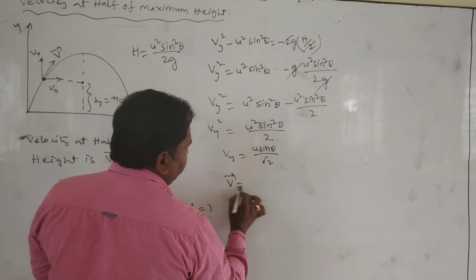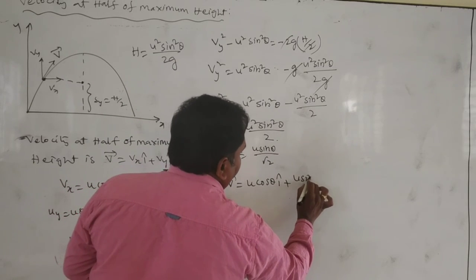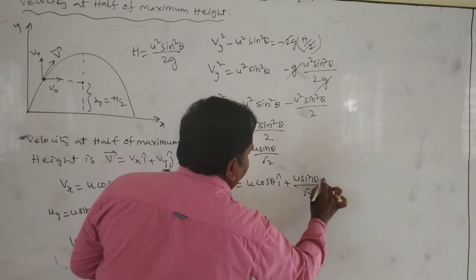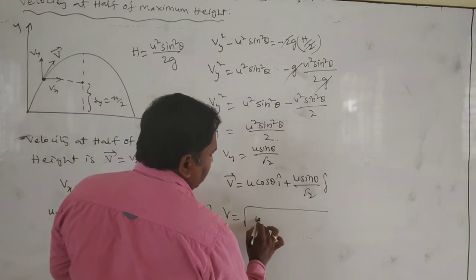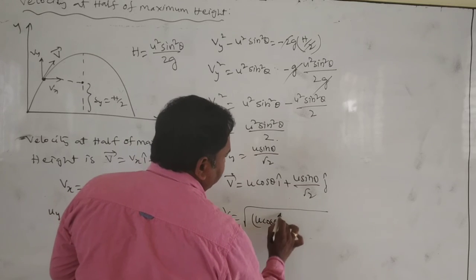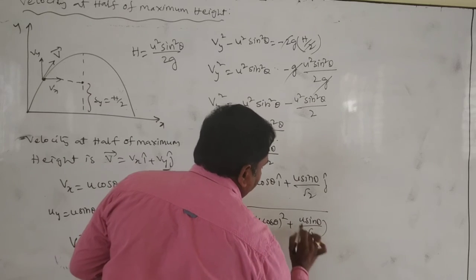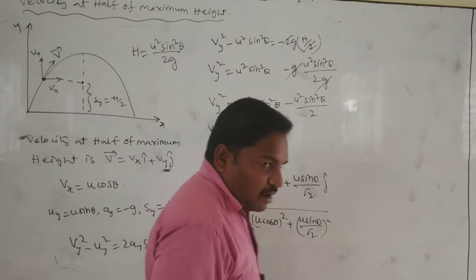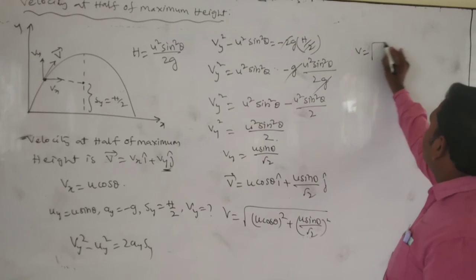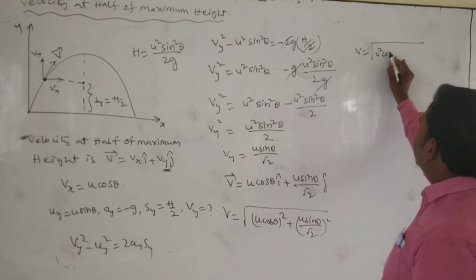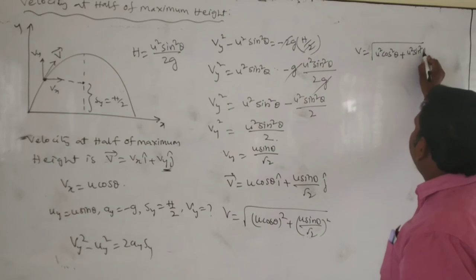So v bar equals vx, that is u cos theta i cap plus u sin theta by root 2 j cap. So what is this magnitude? Root over (u cos theta) whole square plus (u sin theta by root 2) whole square. So after that we will get v equal to root over u square cos square theta plus u square sin square theta by 2.